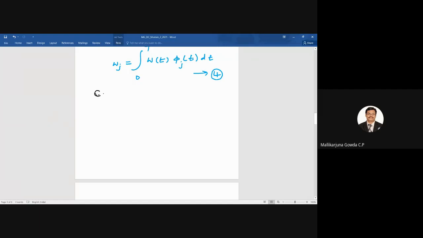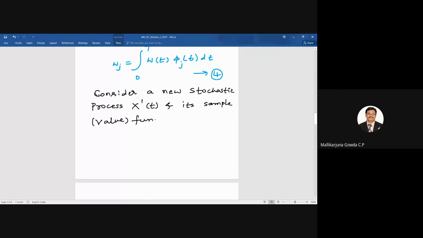Consider a new stochastic process, which is denoted by capital X dash of t, and its sample function, usually denoted by small letters, small x dash of t.